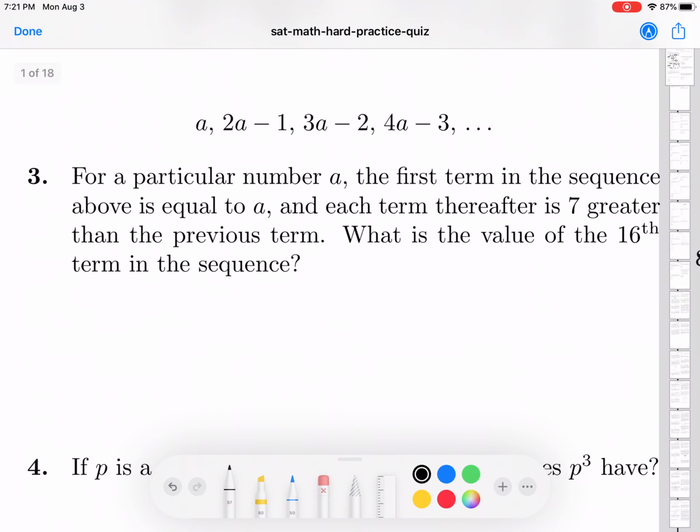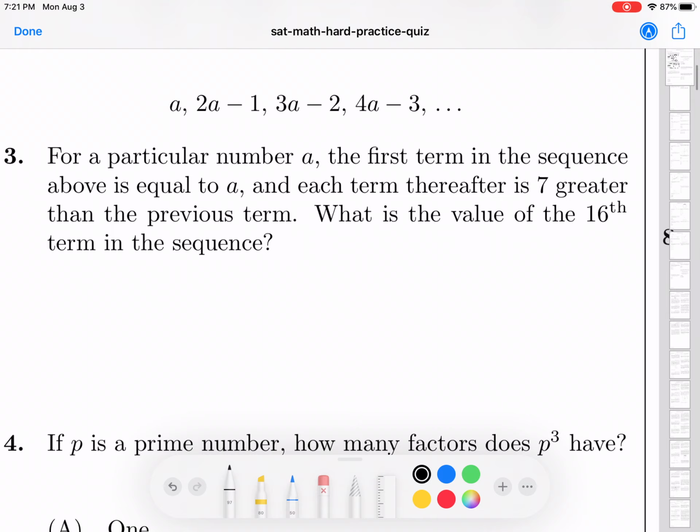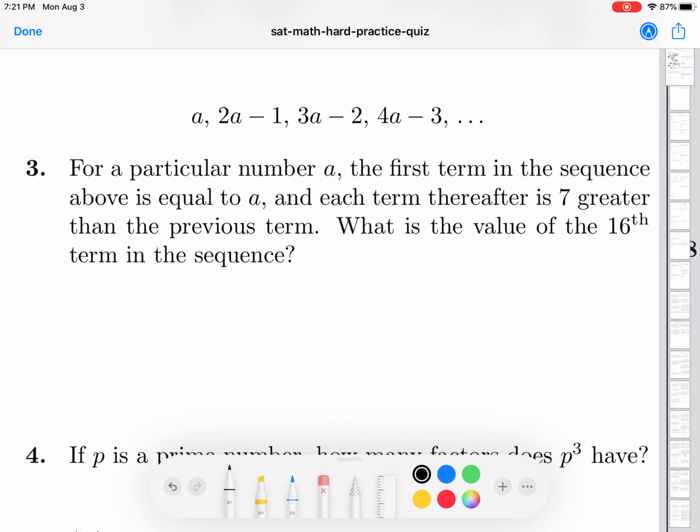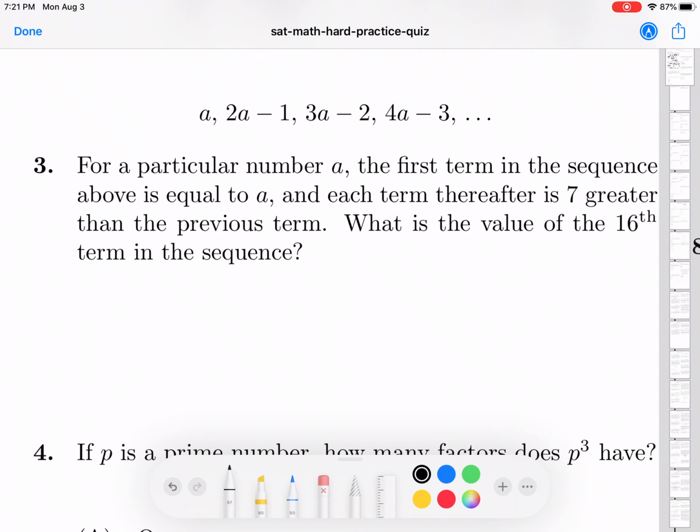For a particular number a, the first term in the sequence above is equal to a, and each term thereafter is 7 greater than the previous term. What is the value of the 16th term in the sequence? So the first term is a, and the second term is 7 greater than a.